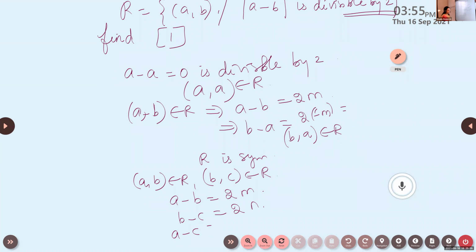We get a minus c. Or you can start with modulus of a minus c, which is equal to a minus b plus b minus c, which is equivalent to modulus of 2m plus 2n, which is again a multiple of 2. So it is transitive. Therefore, it is an equivalence relation.